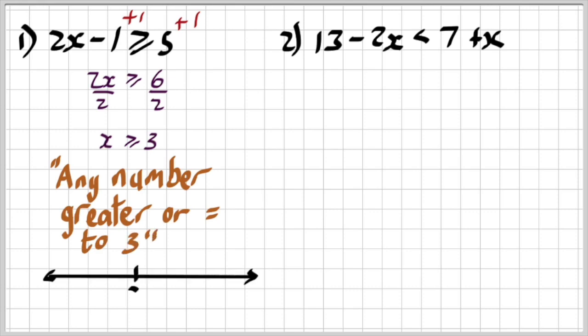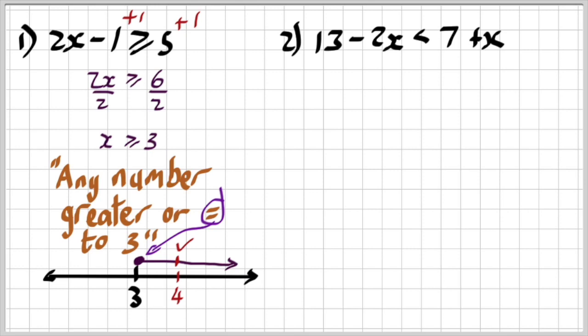Again, on my number line, it's any number that's on the right-hand side of 3. But you will see that I color in that number 3 because of the equal to. That equal to leads me towards coloring in the 3.